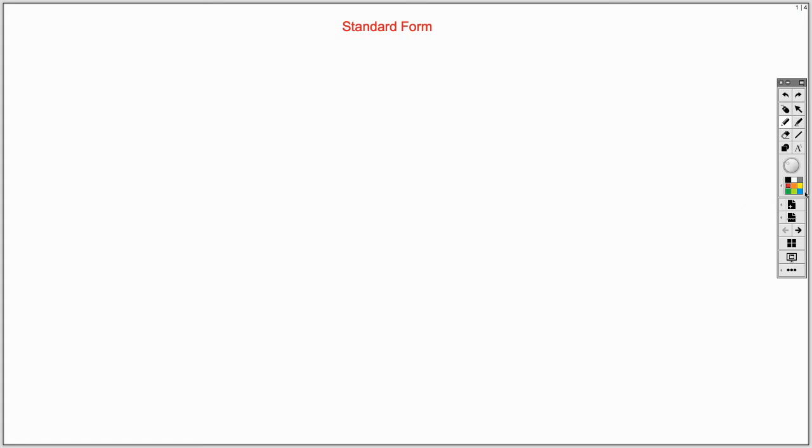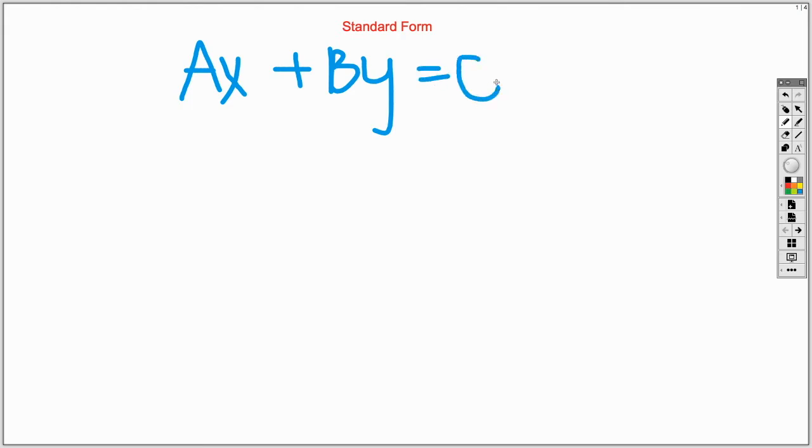So slope-intercept form was understanding all about y equals mx plus b. And in a way, standard form is quite similar, but it's just ax plus by equals c.